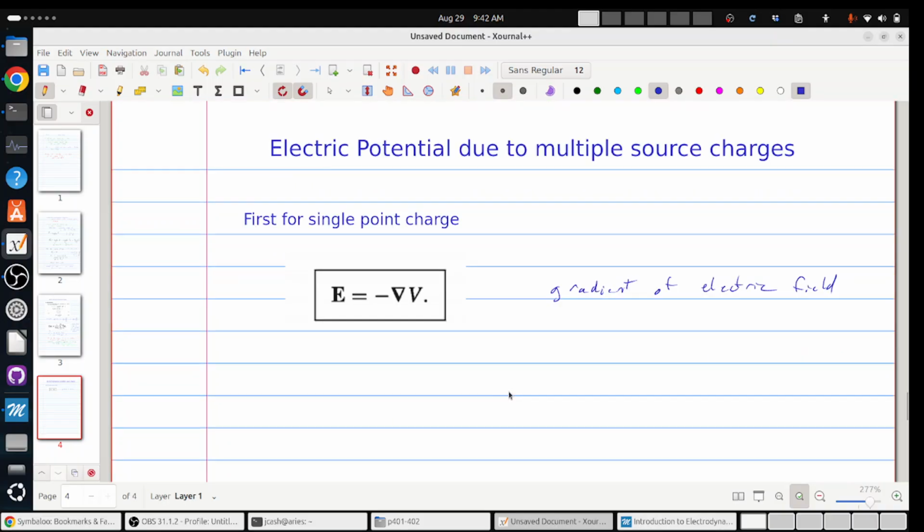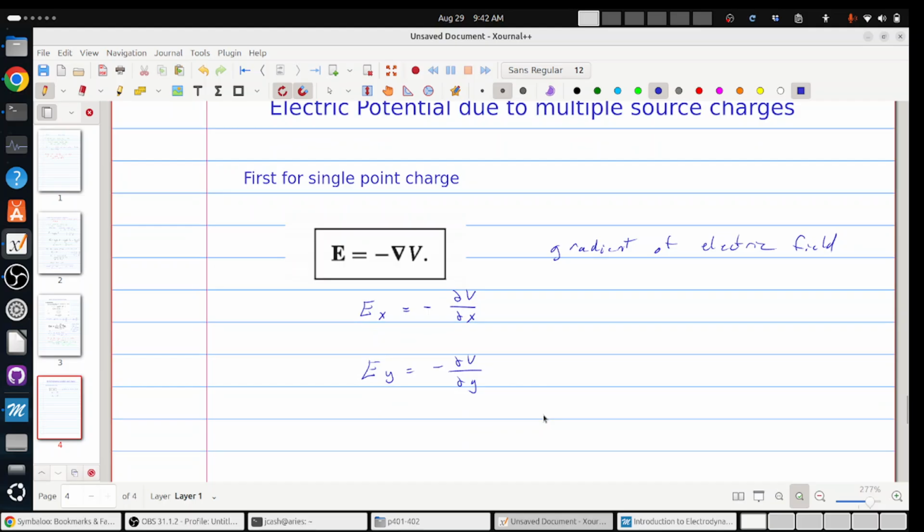And in calc-based physics, we said that if you have the potential function, you could find the electric field by finding the slope of the potential function and doing the derivative with each spatial direction.